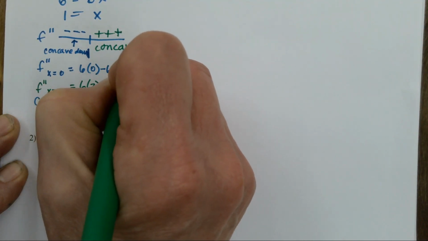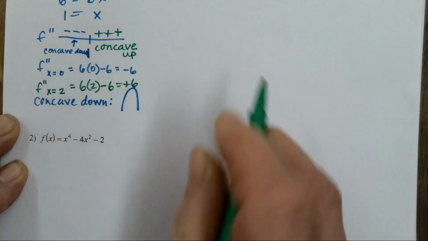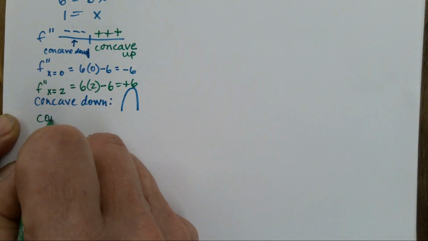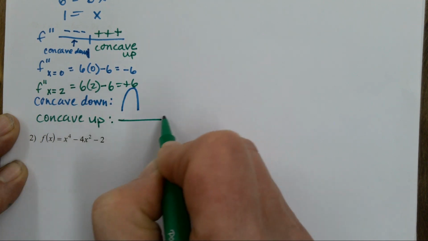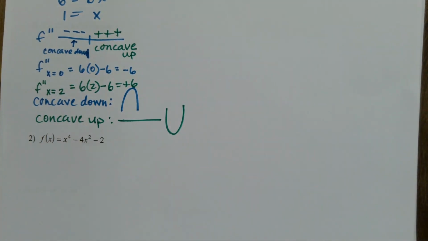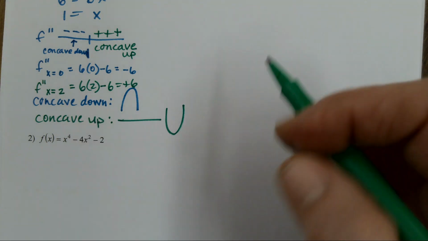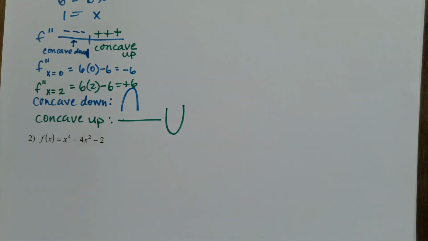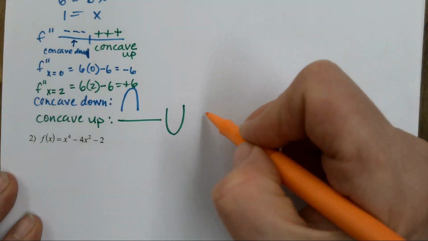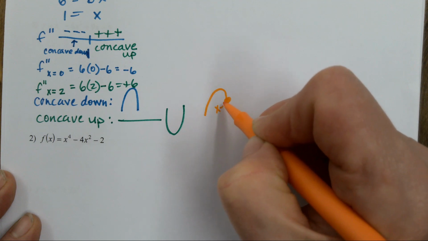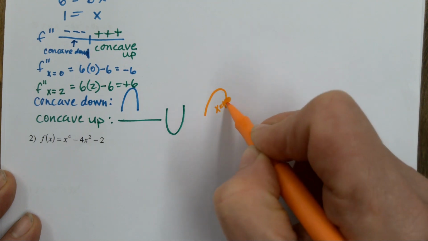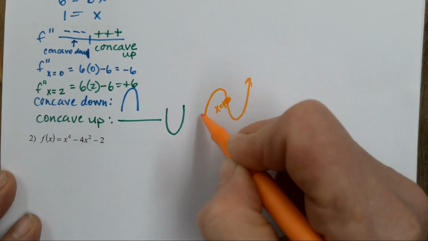What is concave up? Concave up looks like that. If I slide those two things together, it means this graph is concave down, hits its point of inflection at x equals 1, and then it's concave up and finishes the rest of its journey.